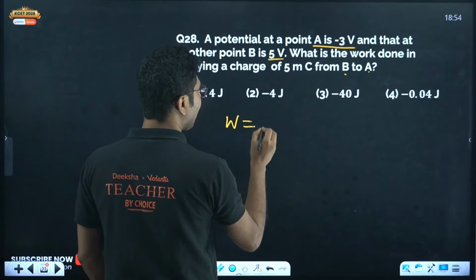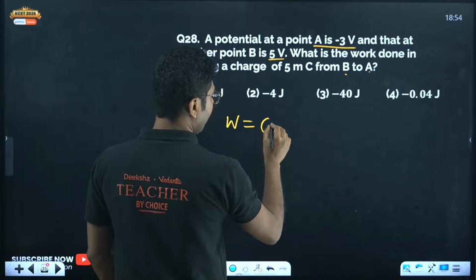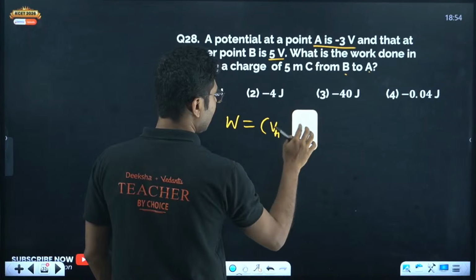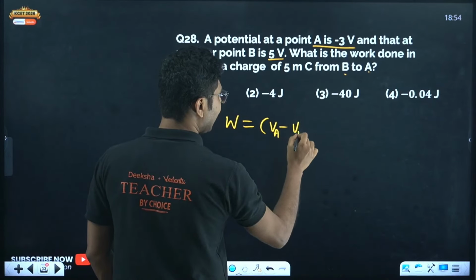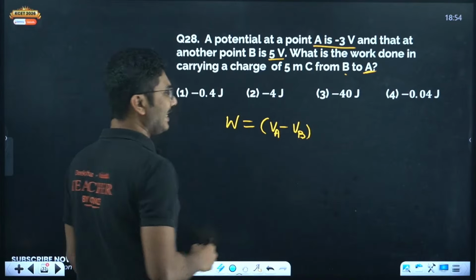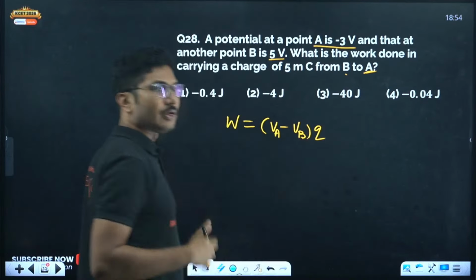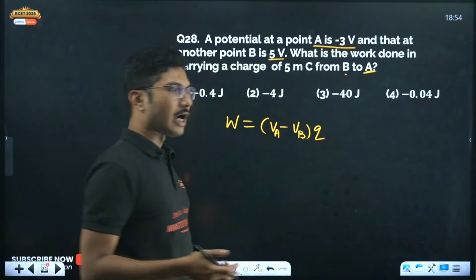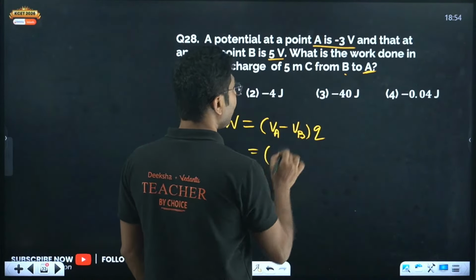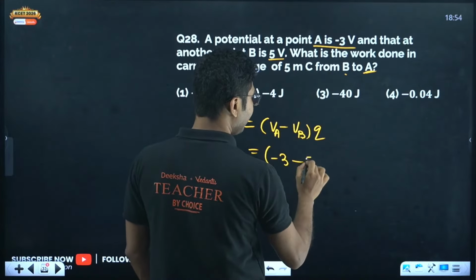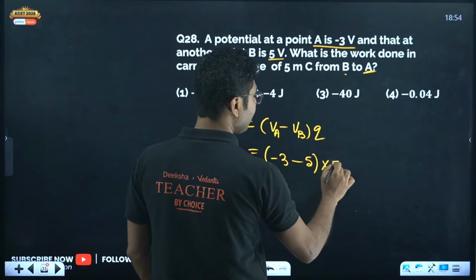Work done is given by final potential minus initial potential. Finally you are arriving at A, final is A, initial is B, into the charge. That is the work done. Very simple formula: difference in potential into charge is the work done. So A is -3, B is 5, charge is 5 millicoulomb.